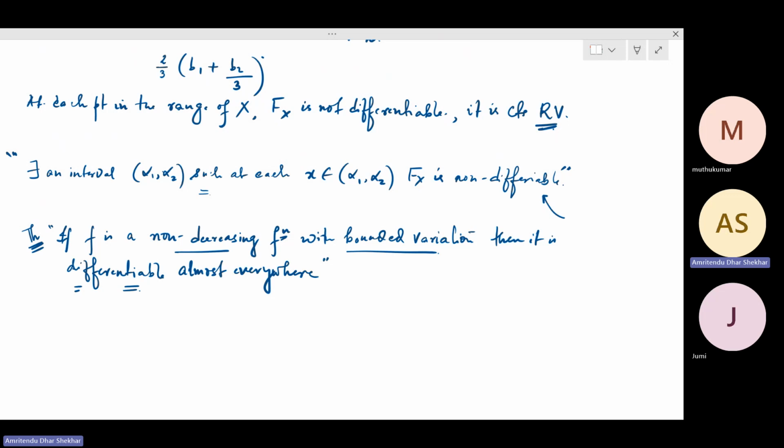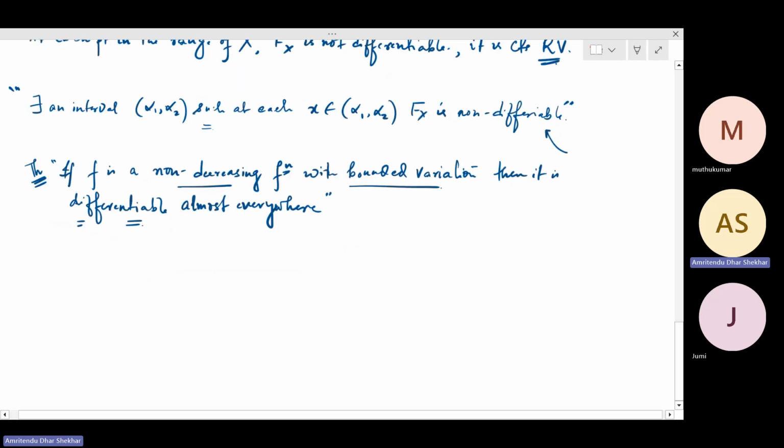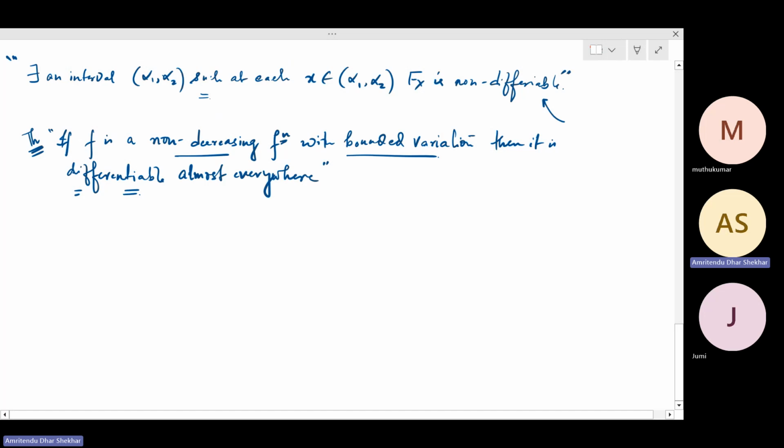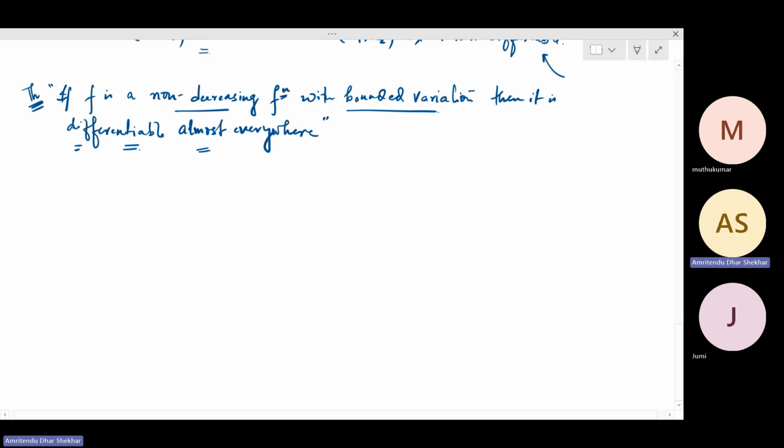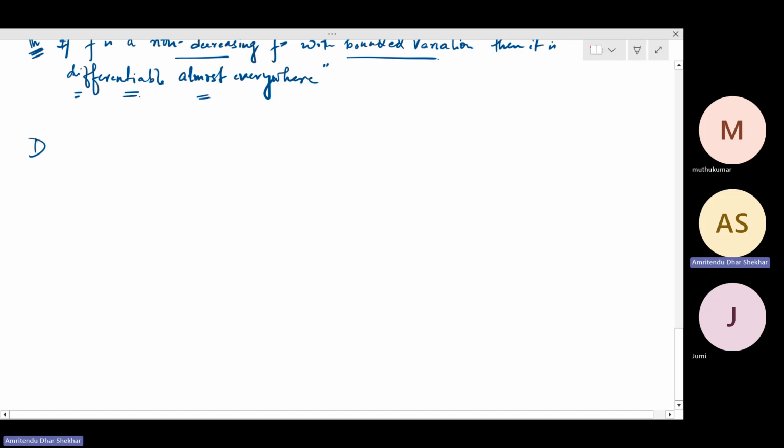Now you are asking about discrete random variables, right? For discrete random variables also, they are differentiable almost everywhere. So what is a discrete random variable? A discrete random variable takes values in a discrete set.